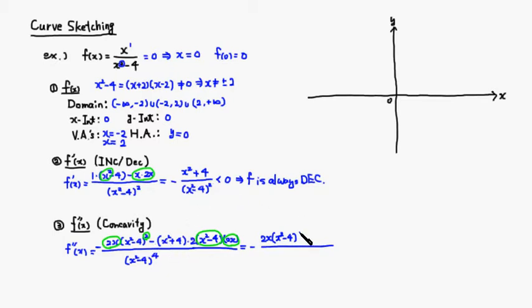So let's collect all the leftover terms. From the first term we have x squared minus 4.